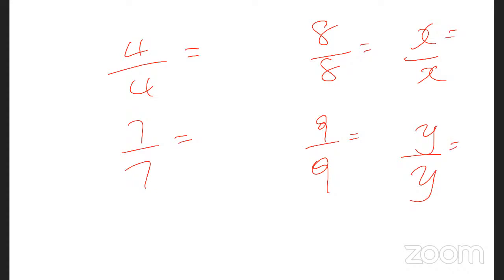What is 4 divided by 4? Good. 7 divided by 7. Good. 8 divided by 8. 9 divided by 9. x divided by x. y divided by y.